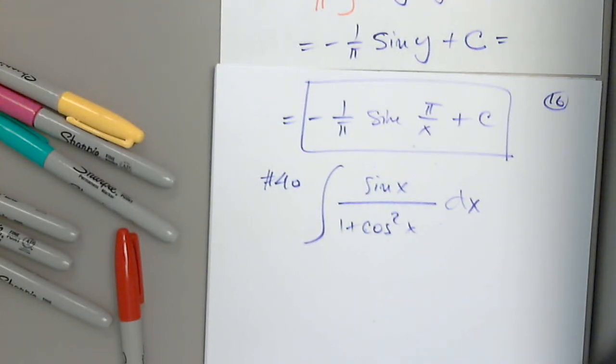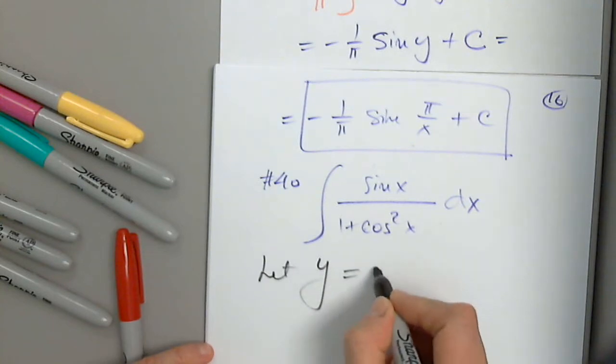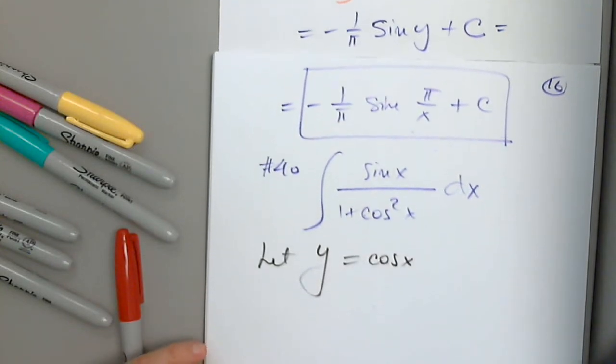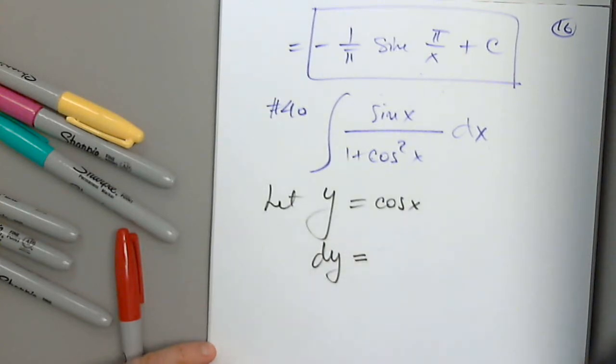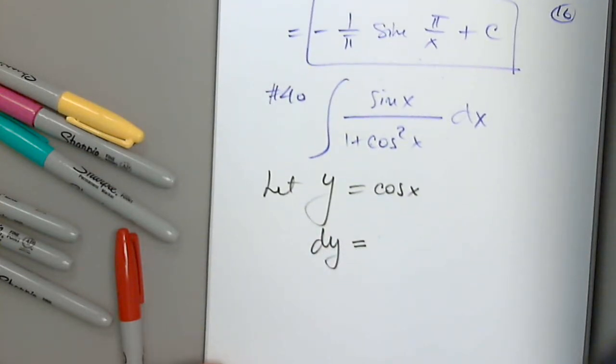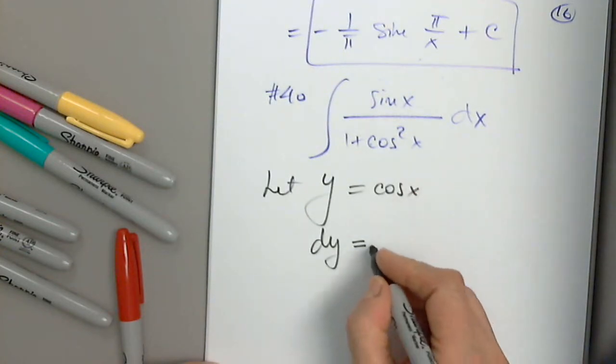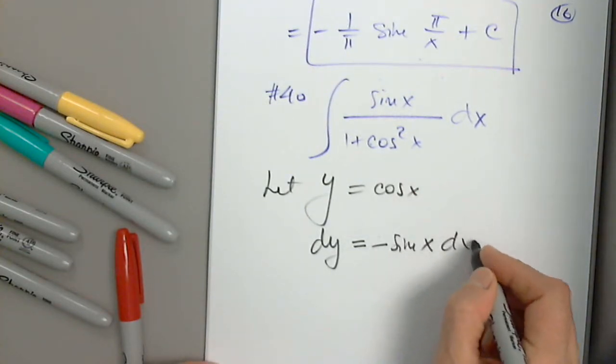It is cosine squared. So the option that I have in mind is to let y be cosine x. But what is dy? What is the derivative of negative sine x dx?